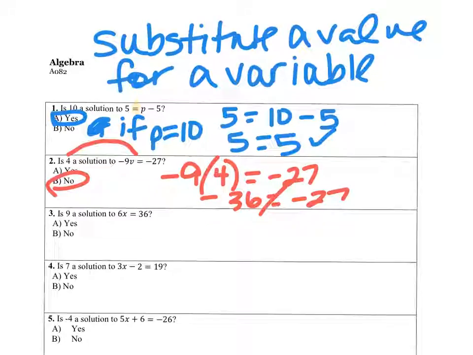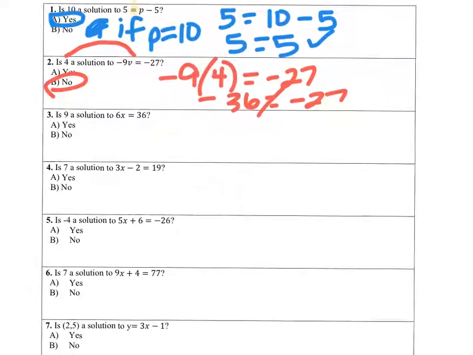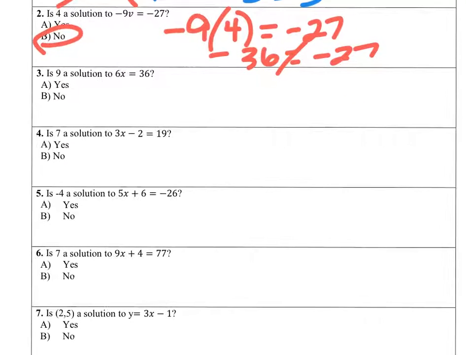All right, let's scan down here and see. Let's do number 5. Okay, is negative 4 a solution to 5x plus 6 equals negative 26? So we're going to plug in that negative 4 right there.